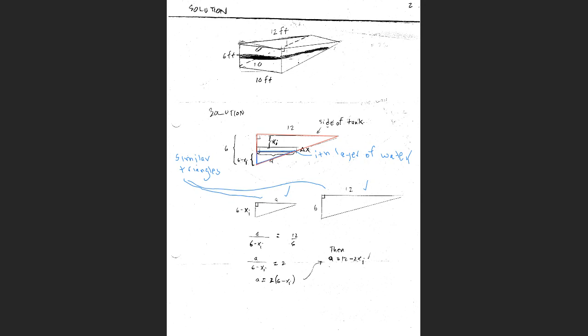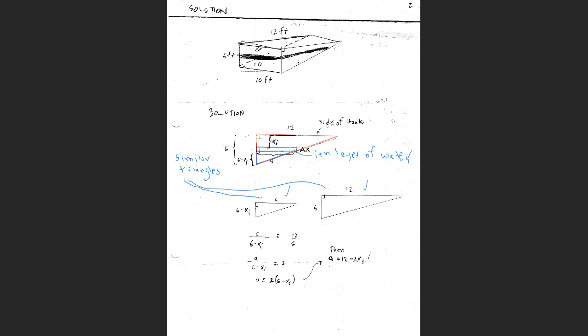Are they similar right triangles? They are. That's right, Mario. They definitely are. And that means then that the sides of those two right triangles are in proportion.